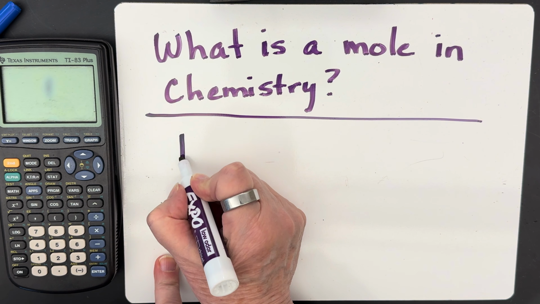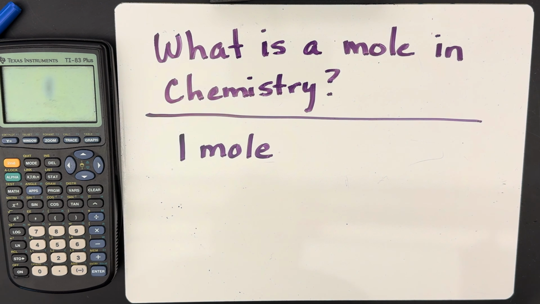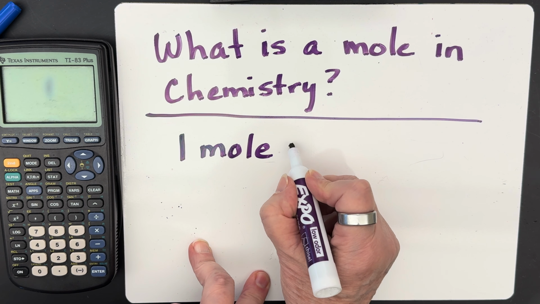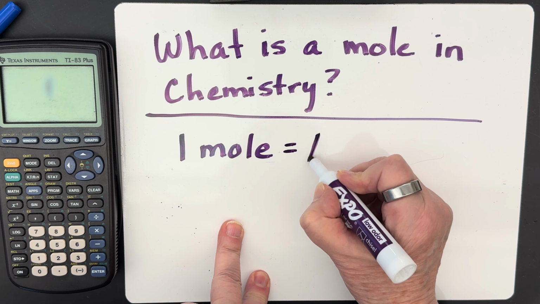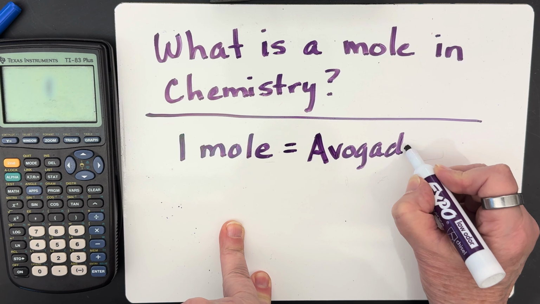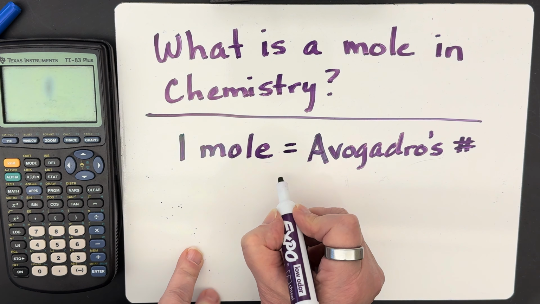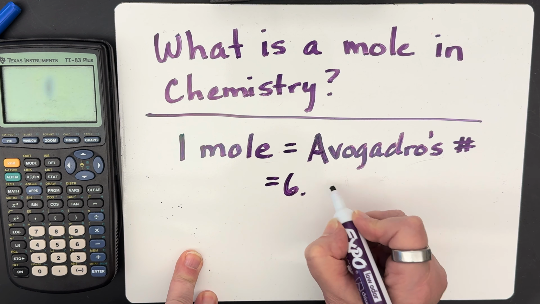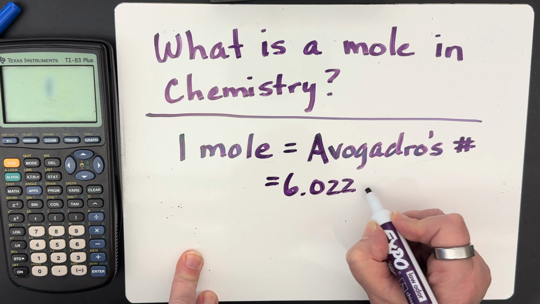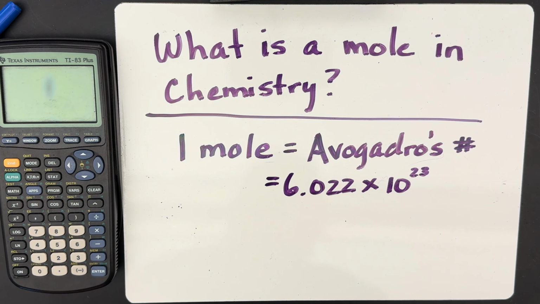Well, 1 mole of anything, and again, it doesn't matter what it is: donuts, cars, atoms, formula units, molecules, whatever it is, 1 mole of them is Avogadro's number. And Avogadro's number is 6.022 times 10 to the 23rd power.